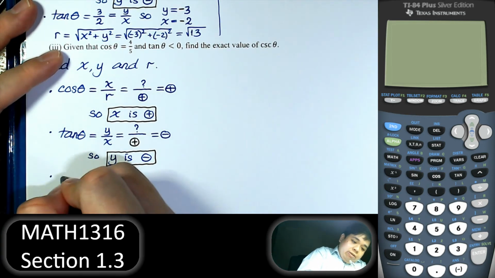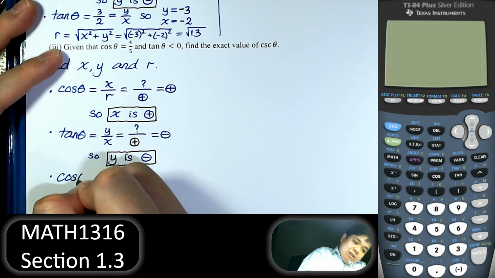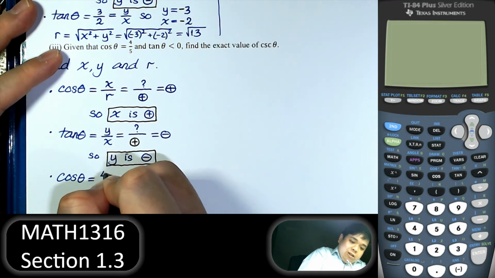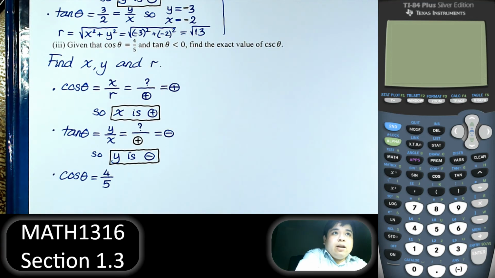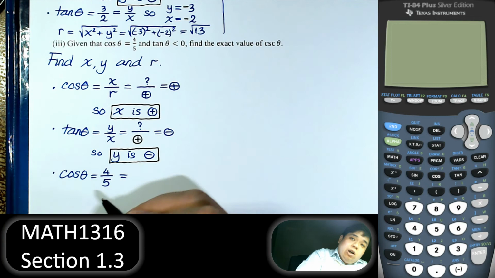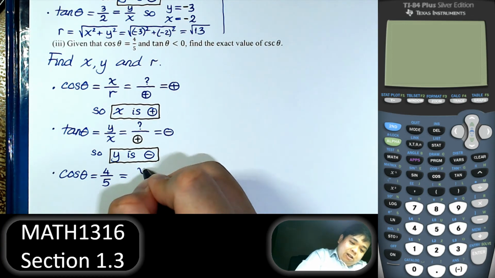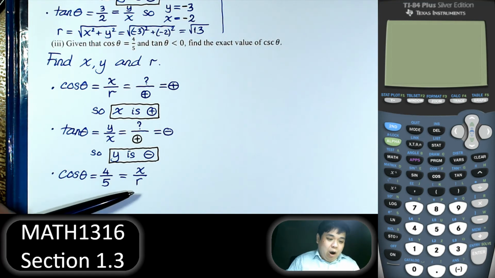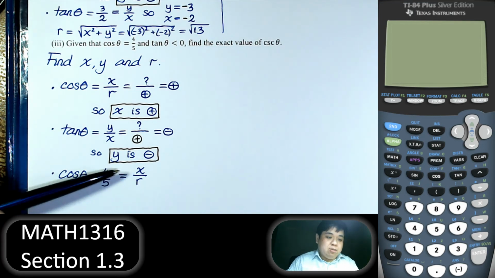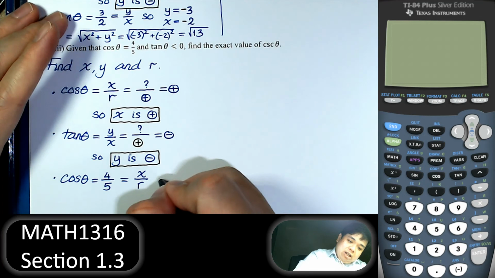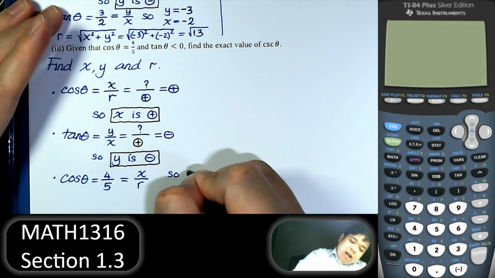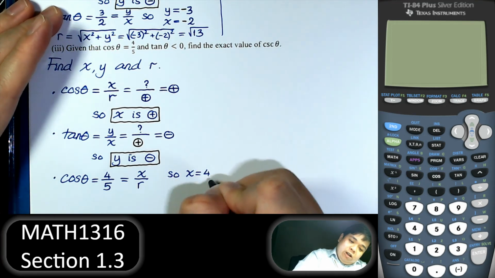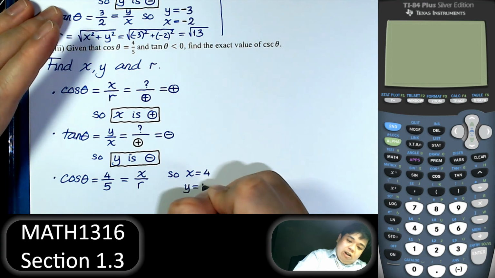Cosine is 4/5, which is also equal to x over r, right? Actually, we don't even need to reason, because r is positive 5, so x must be 4. So from here we can say x is equal to 4 and r is equal to 5.